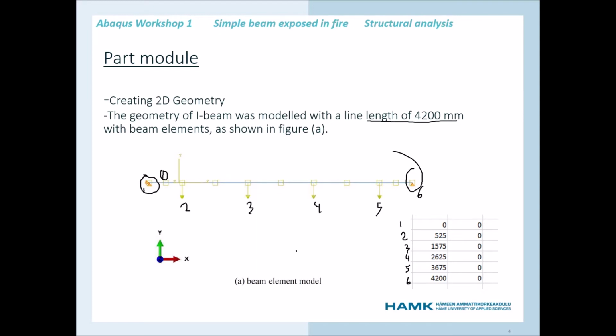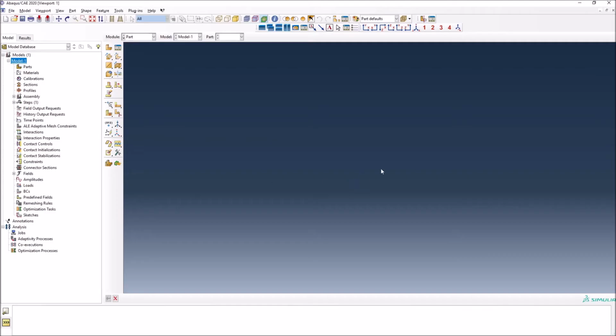And now we move to Abaqus, and this is the Abaqus environment. Now let's rename this model file as structural beam, which means that we perform structural analysis using beam element.